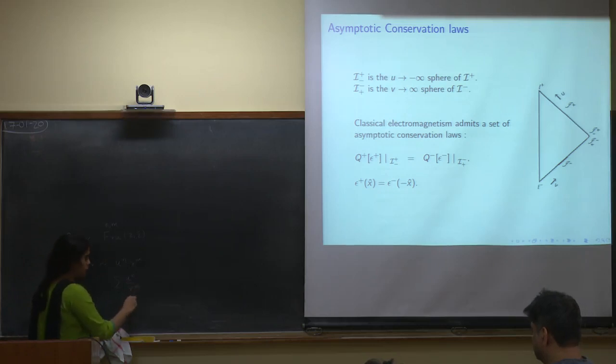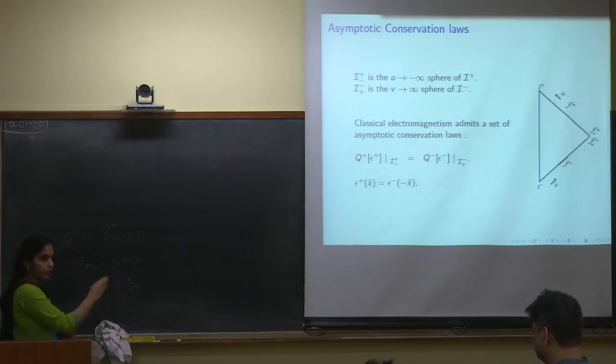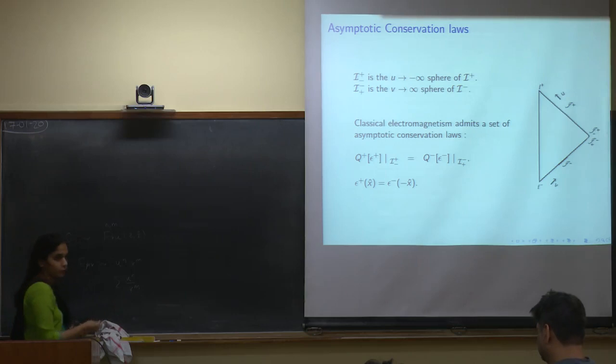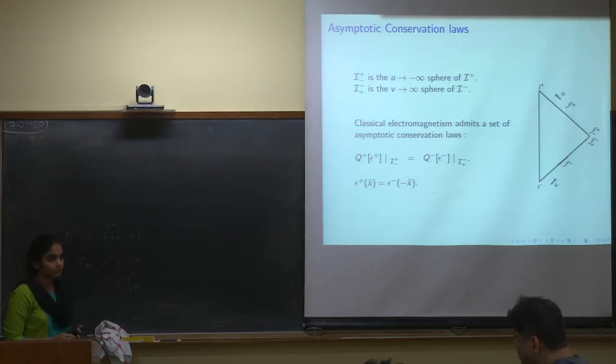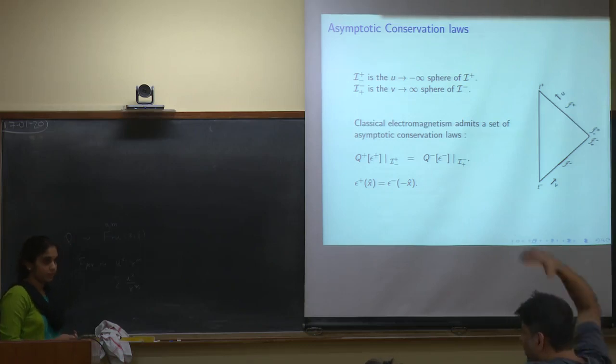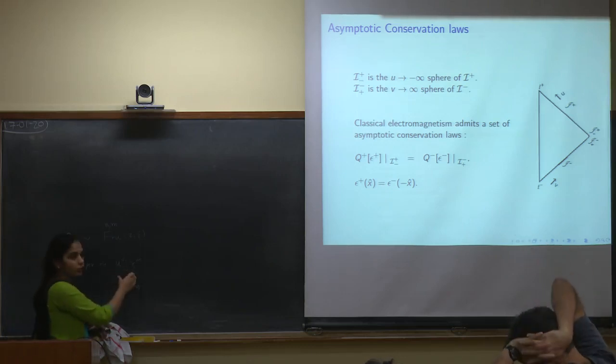You just take Maxwell's equations and try to find the consistent solution. Then this is the kind of solution you get, and the charges are typically in terms of u to the power 0. So they are independent, a constant. Yeah, these are kind of integration constants.